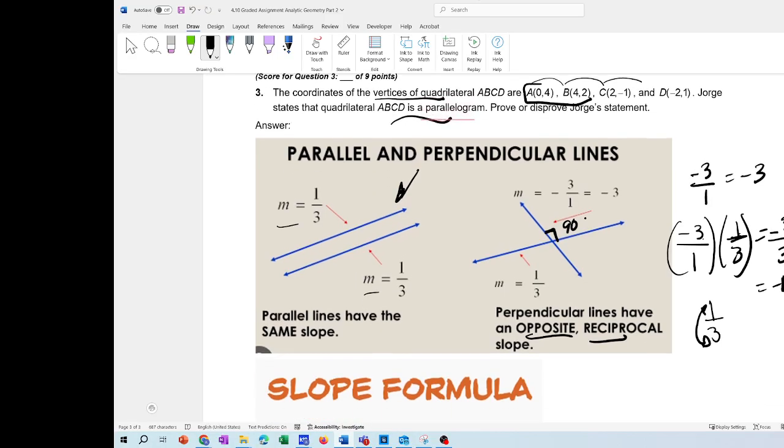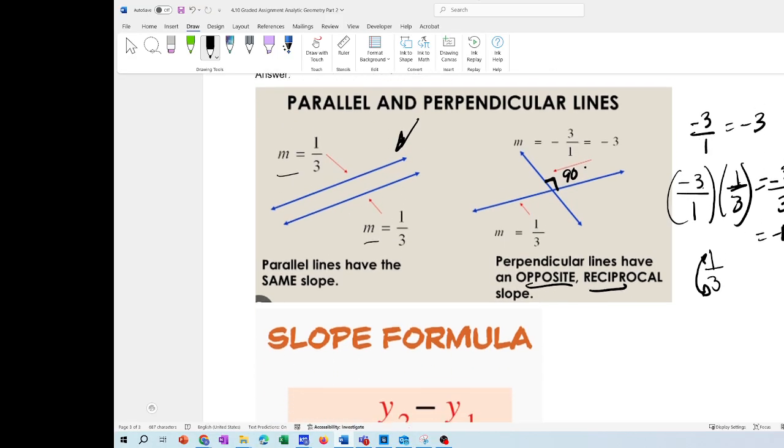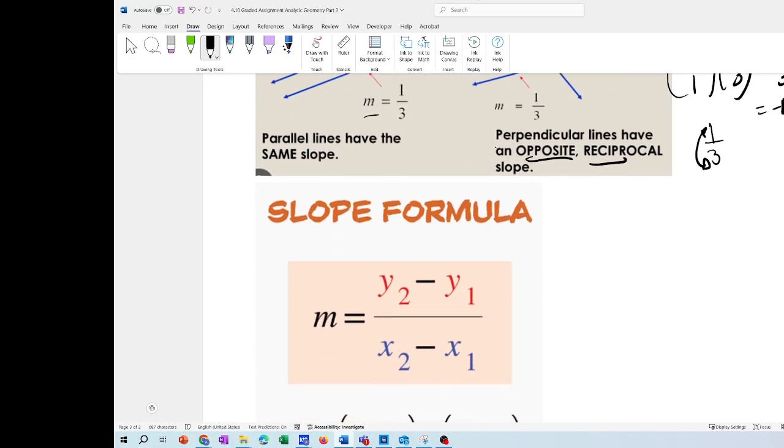Remember, I need 4 slopes, okay? And this is the formula: y2 minus y1 divided over x2 minus x1. So I'm going to calculate the slope of AB. M equals y2 minus y1 all divided by x2 minus x1.